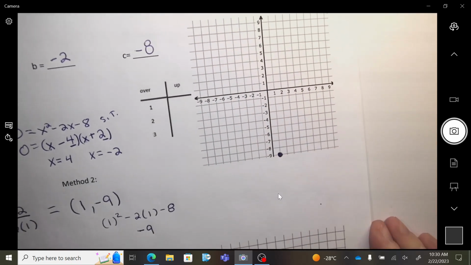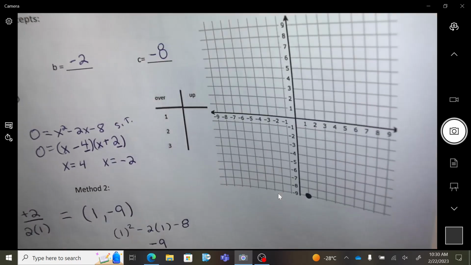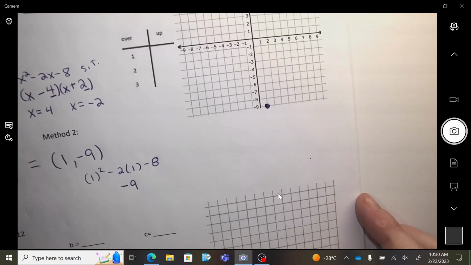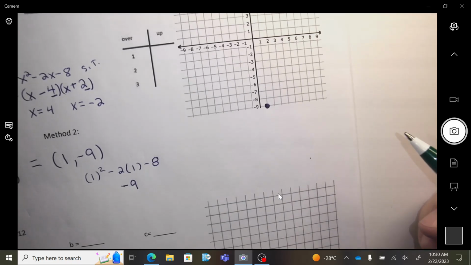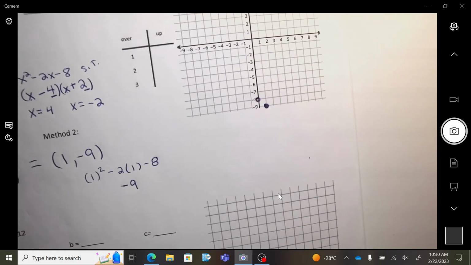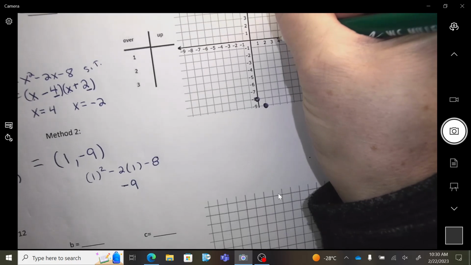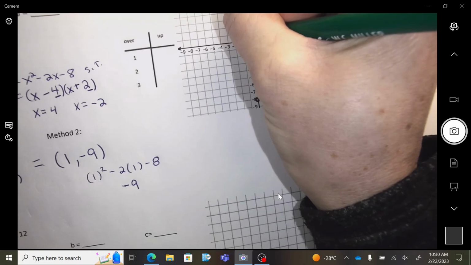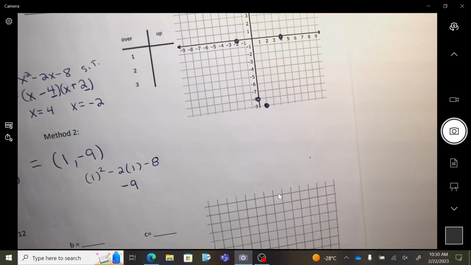Okay, I'm going to plot all the points that I know. So this was my vertex, 1, -9. You told me the y-intercept was -8. That's what we wrote down. And you told me the x-intercepts were at 4 and -2. Will that form a parabola?